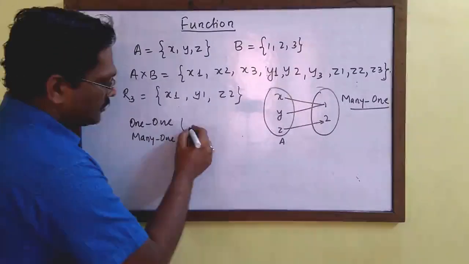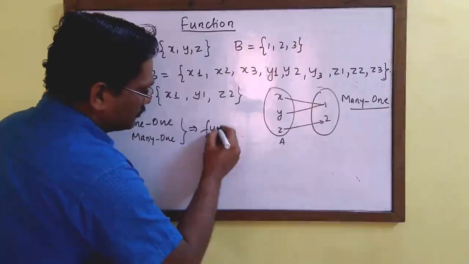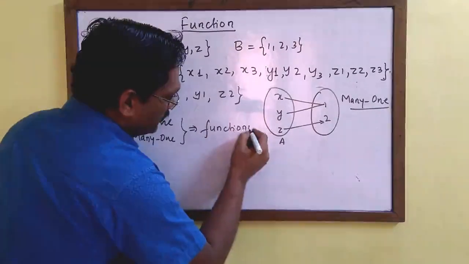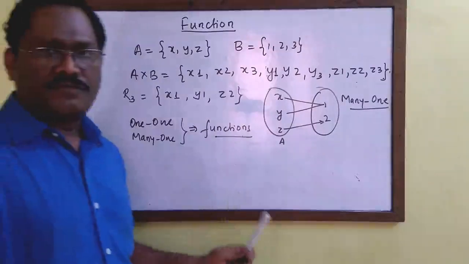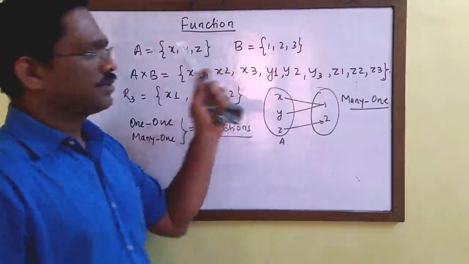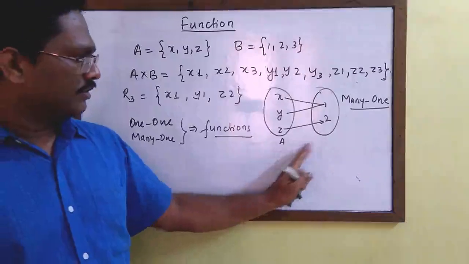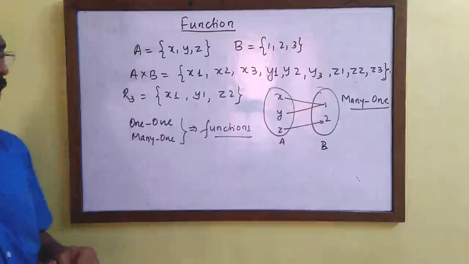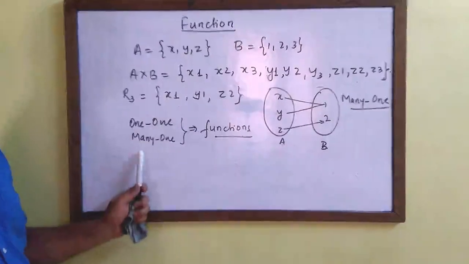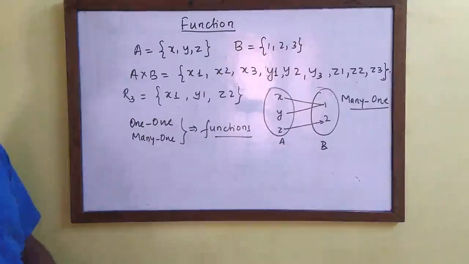So many-one mappings are now called functions. So function is basically what? It is a kind of relation between two sets of variables, one on the left, one on the right, such that the kind of mapping that exists between the two is 1-1 or many-one.